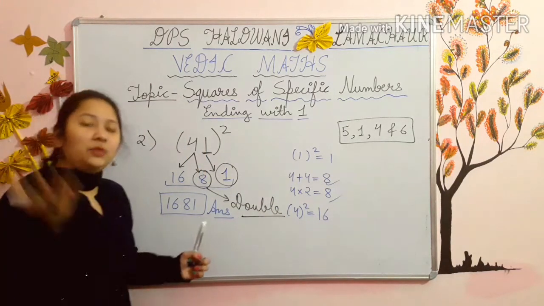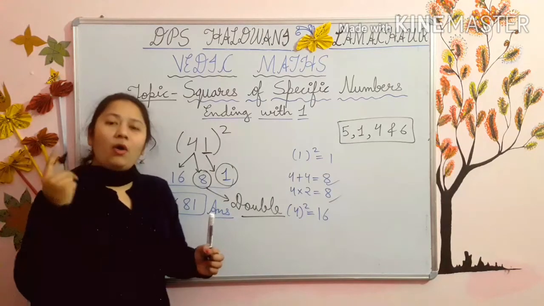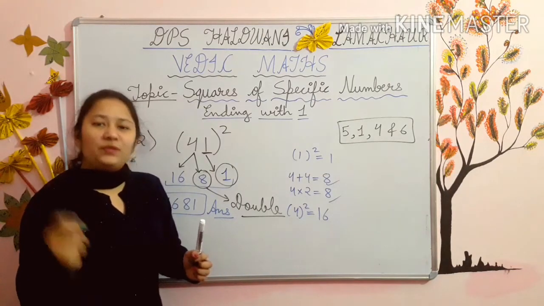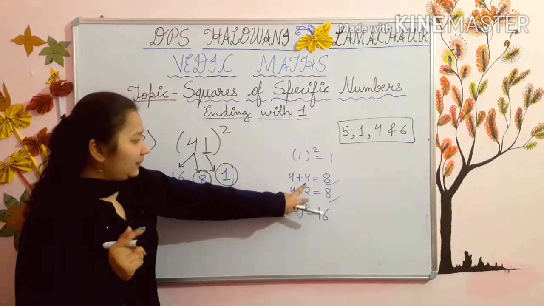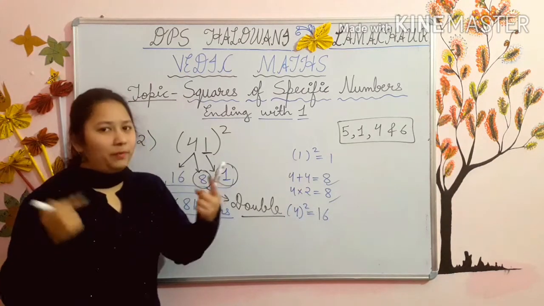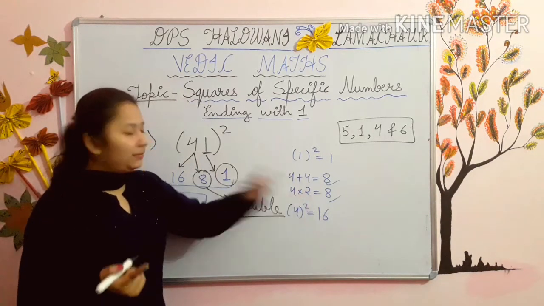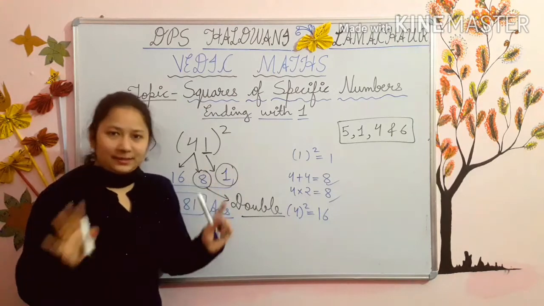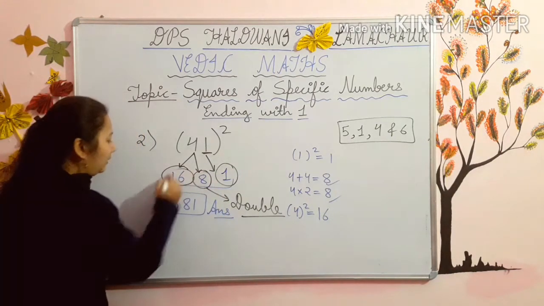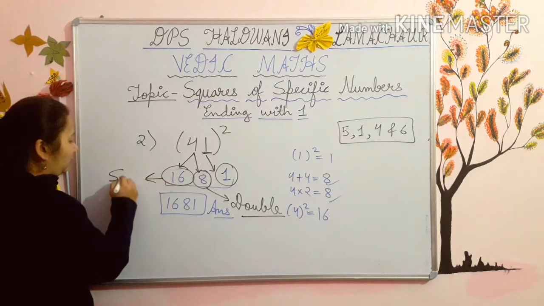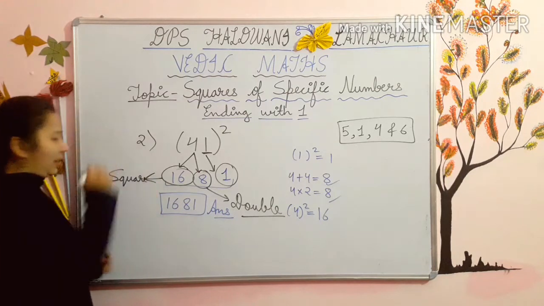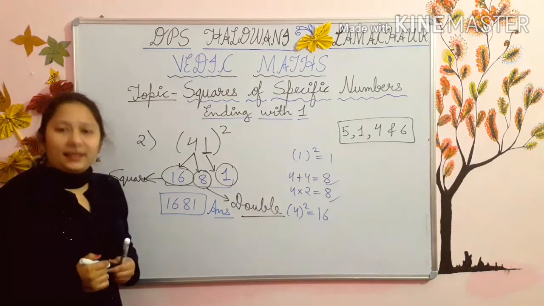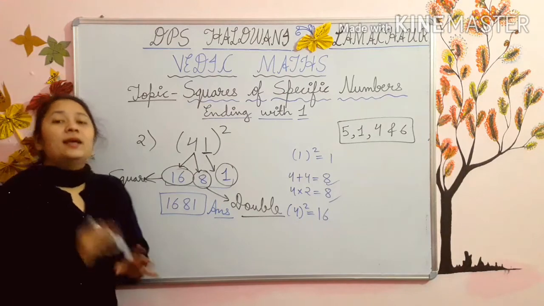Double means either you can add it 2 times or multiply the number with 2, like 4 plus 4, 8. The answer will be same. And this is the square of the rest number.